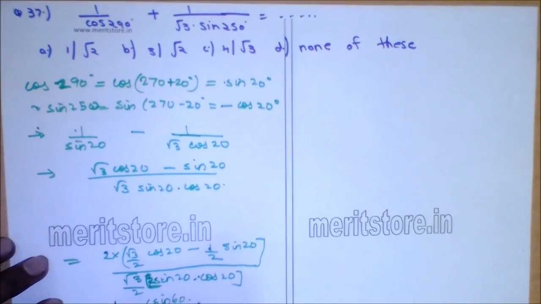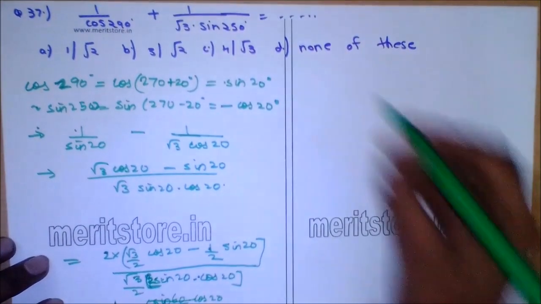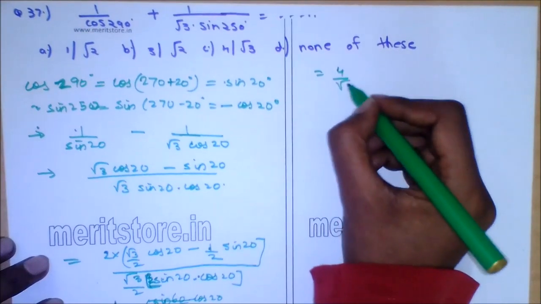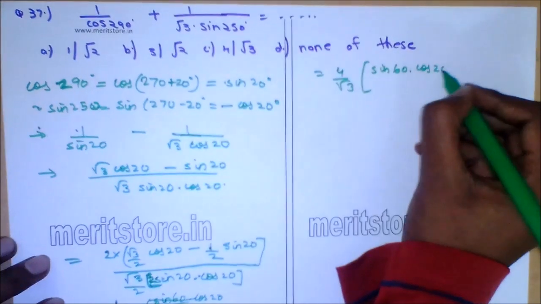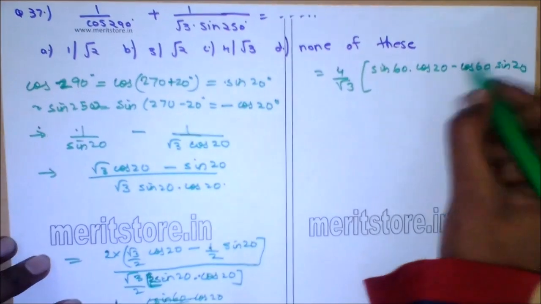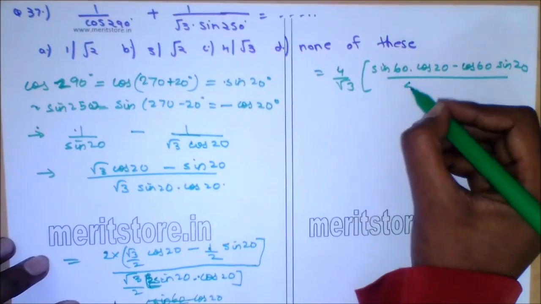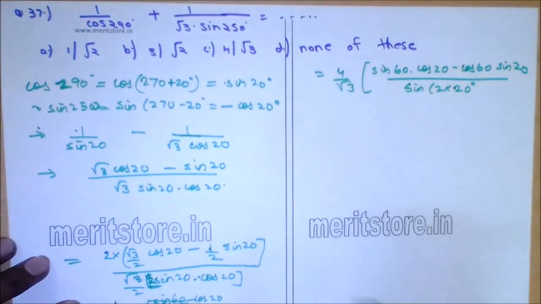4 by root 3 into sin 60 cos 20 minus cos 60 sin 20 divided by sin of 2 into 20, because this is 2 sin 20 cos 20, which is equivalent to sin of 2 times 20.